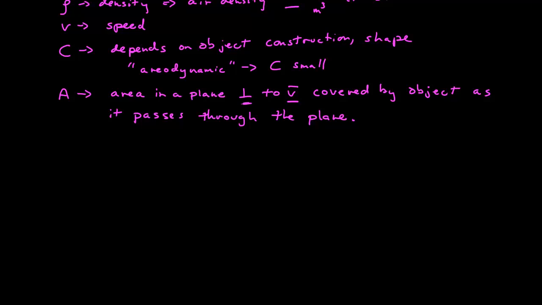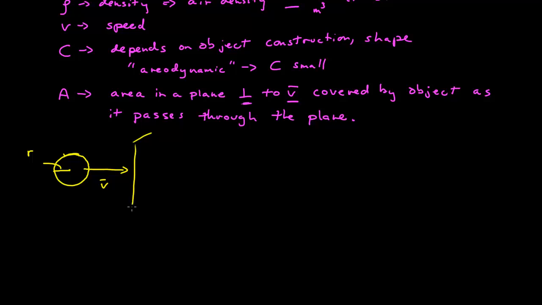This is most easily understood by looking at a couple examples. Let me go with a sphere, again our favorite object, a sphere of some radius r. Let's say it has a velocity v in this direction, and it's going to pass through a plane.